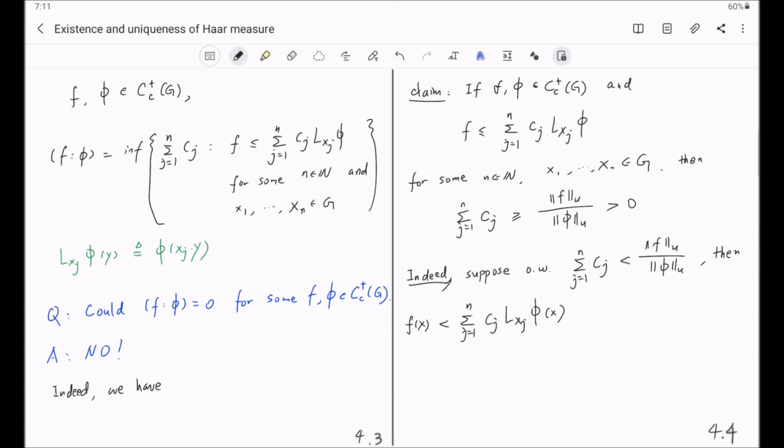And this guy is further less than or equal to the sum of all coefficients times simply the supremum norm of phi, which, by our assumption, is strictly less than the supremum norm of f. And this is true for any x in G.